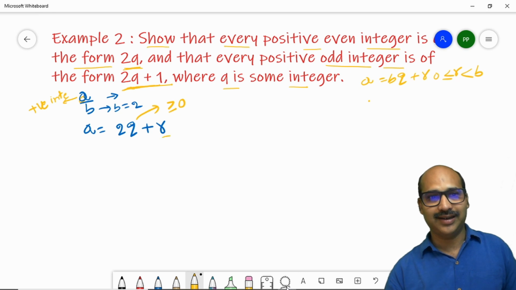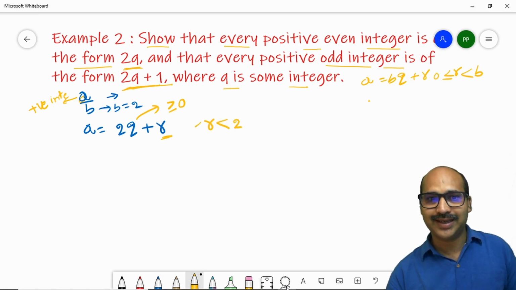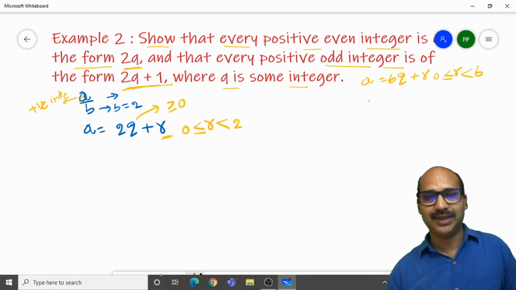What is this r? Here we are dividing a by 2. So recollect Euclid's division lemma: this remainder r should be less than 2 and greater than or equal to 0. So what are the possibilities of this remainder?